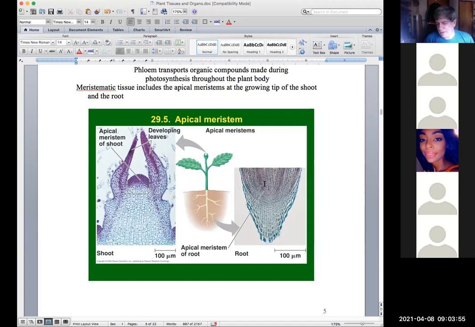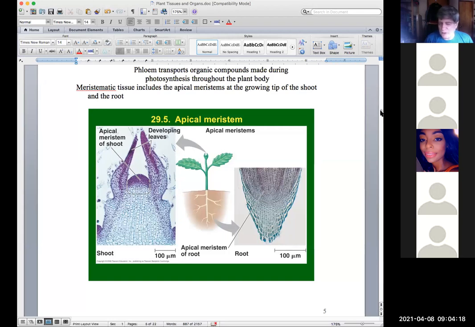Now, we can't see the same thing as clearly when we look at the apical meristem in a root, just because it turns out that in a root, cells keep dividing for a couple of cell layers back. You might remember in Biology 105, one of the things we looked at was some slides of mitosis.